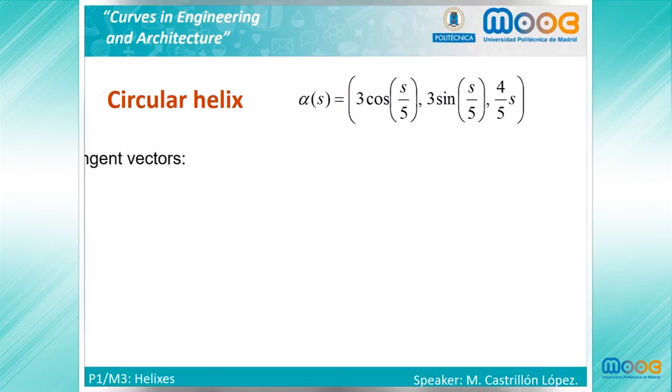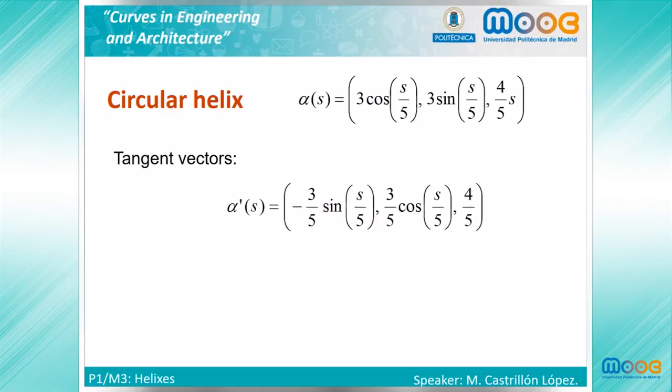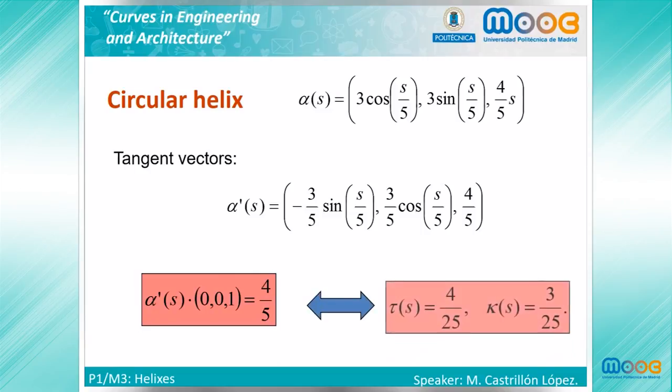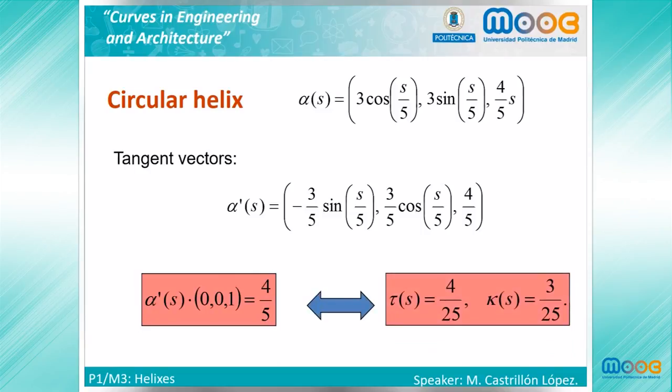We compute the derivative, that is the tangent vector. And we can check immediately that the tangent vector satisfies the helix condition, that is, the inner product with respect to the vector (0, 0, 1) is constant. And also, the Lancret theorem condition is satisfied, that is, the curvature and the torsion are proportional.